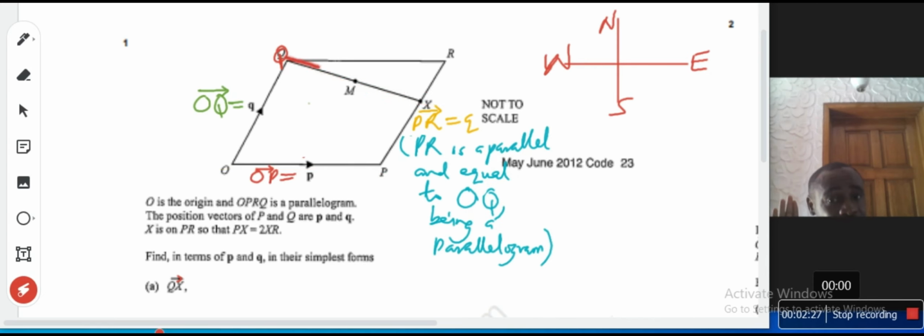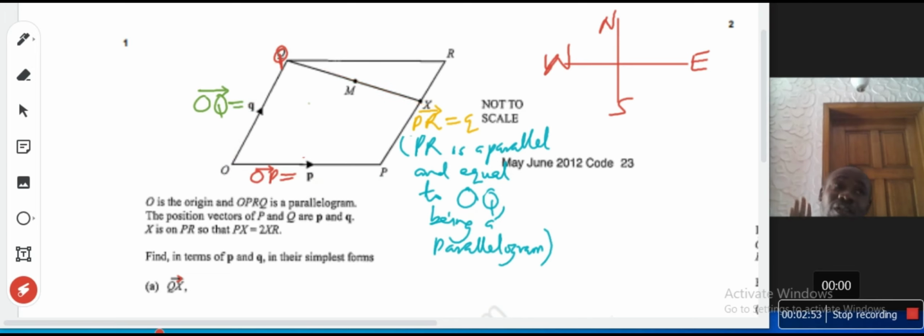We cannot cross it. So we have to follow the paths that are given. What are the paths that are given? Mention them. Say OP, which is small letter p, and OQ, which is small letter q. You can only follow this path to get to X. You can't walk from Q to X.